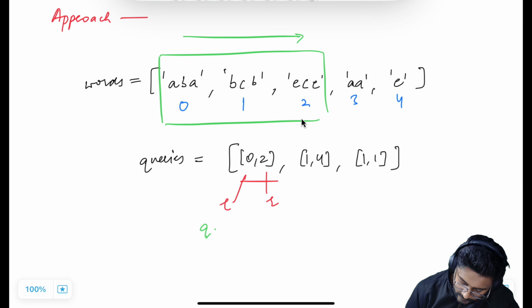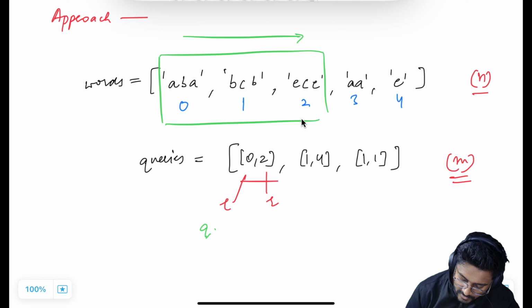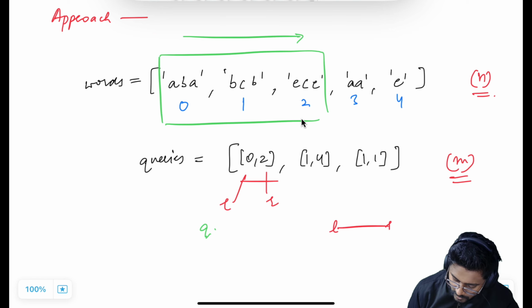Let's say the number of queries is M and the number of words is N. For every query, I need to perform some operation: we have to go from L to R and count the number of valid strings.